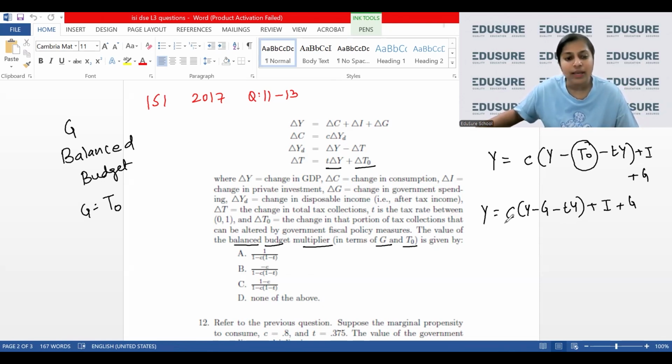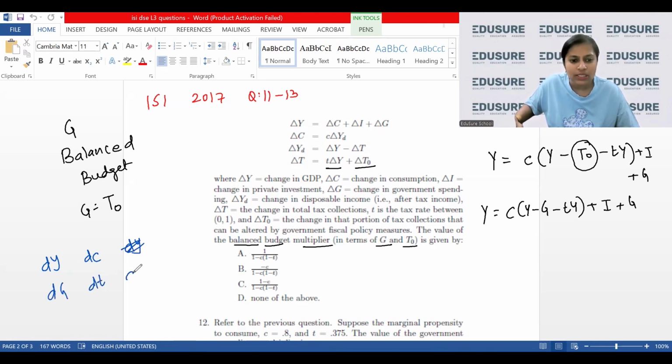So total differential basically means differentiate each and every term. When you differentiate each and every term, there will be a dG, dI, dT, dY, dC. Everything will be differentiated. So there are 5 variables in this equation.